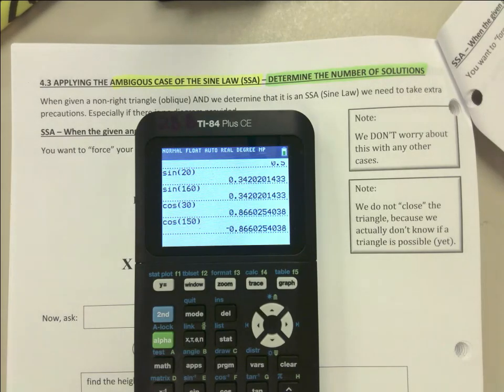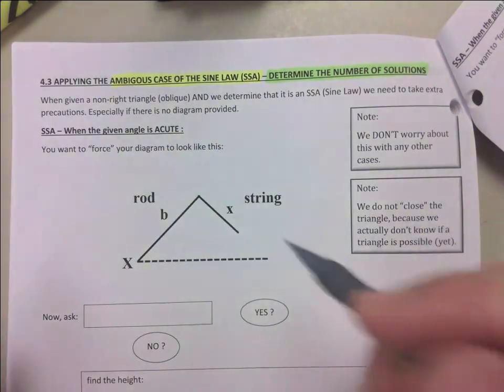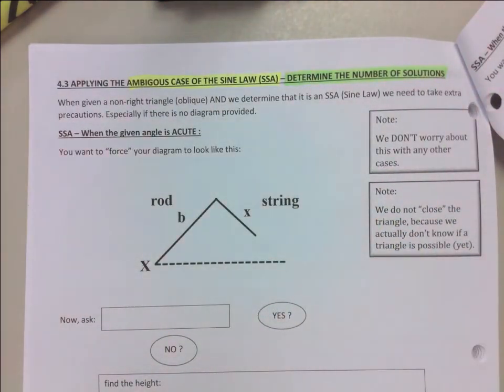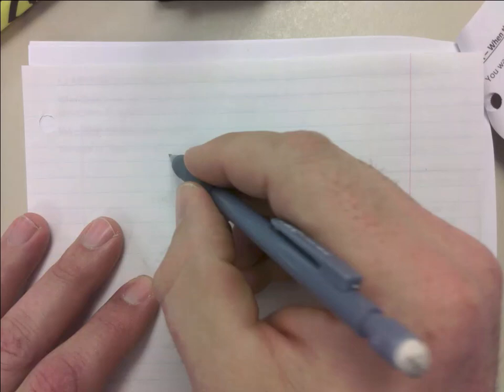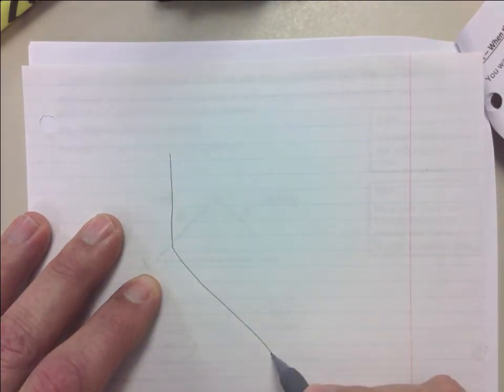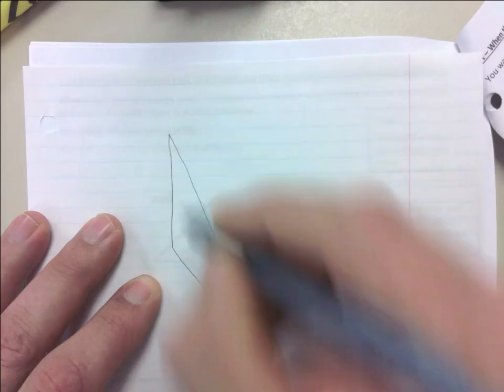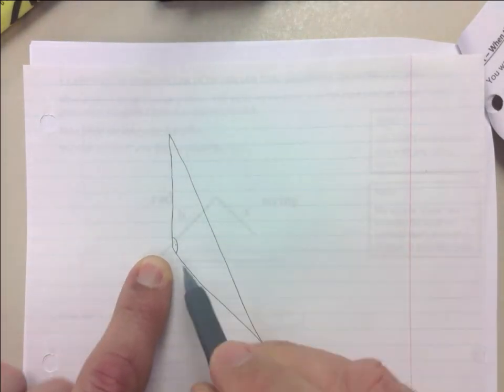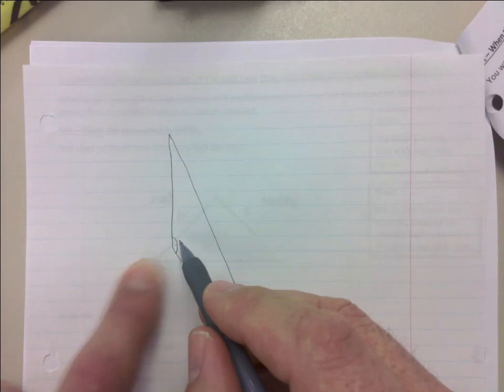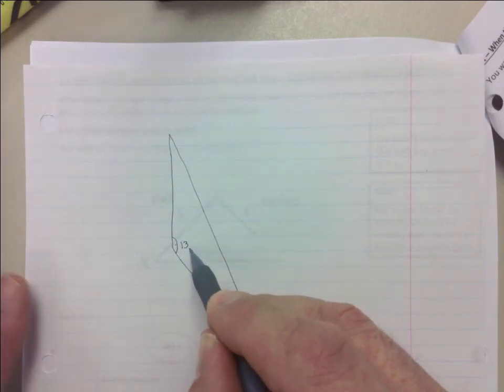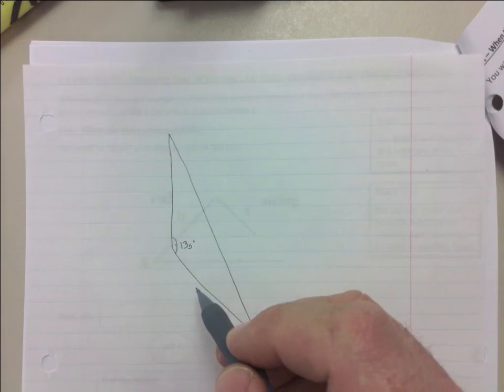Even though you could draw it to scale, don't copy this right now, but let's say you drew a triangle to scale, and you're trying to find this angle using sine law. Let's say it's supposed to be 130.